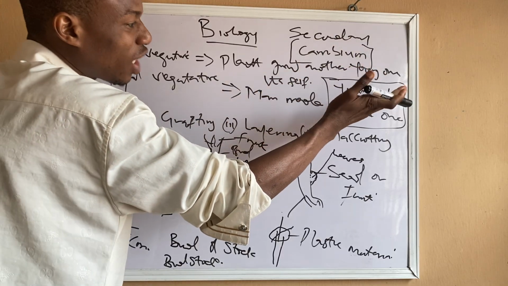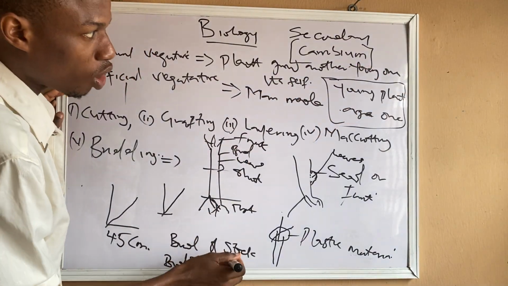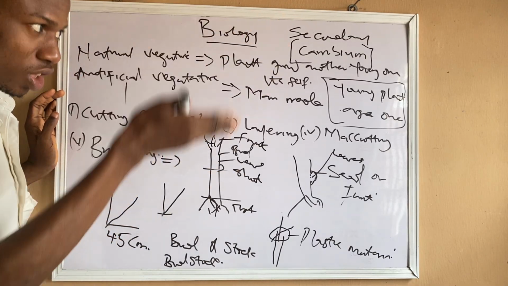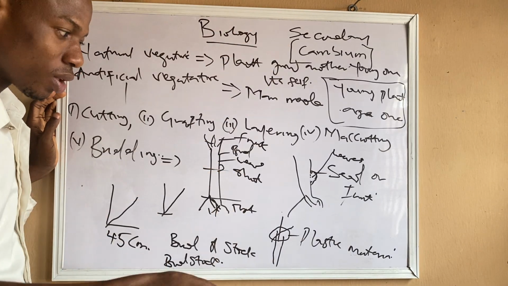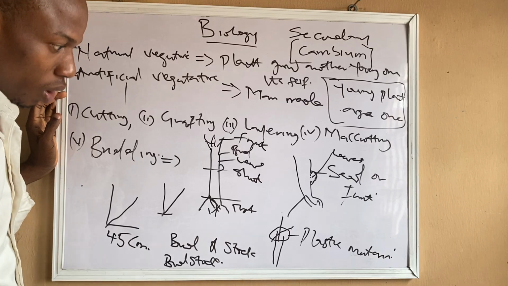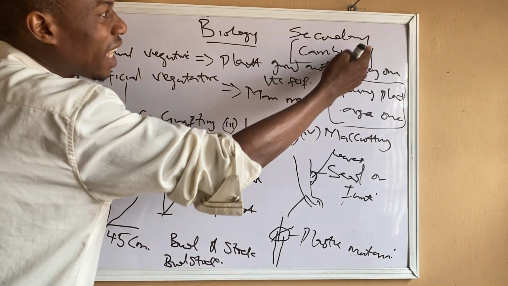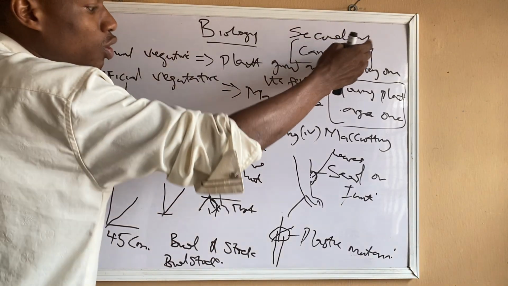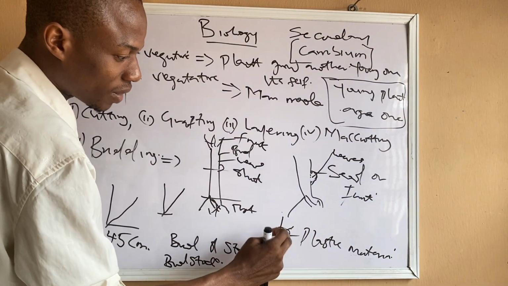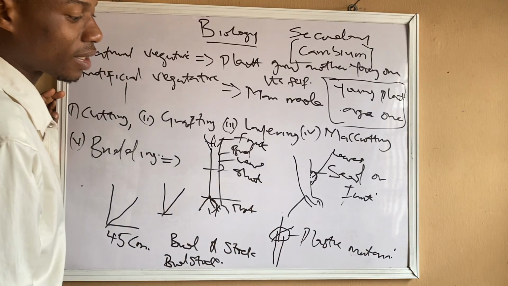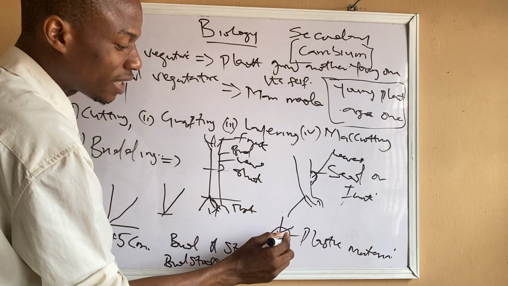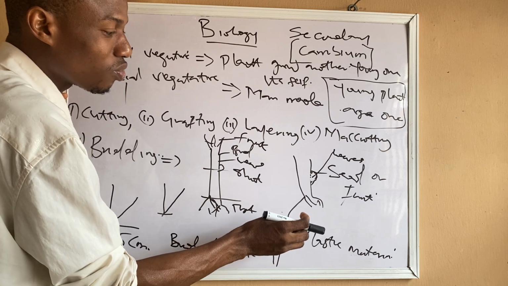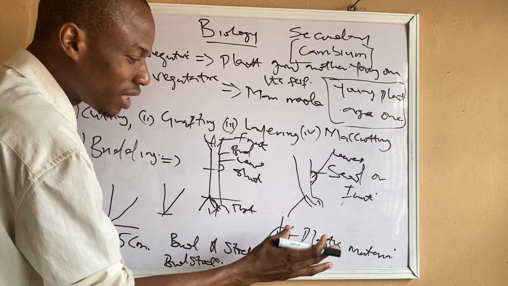Now we attach it to a stalk. A stalk is a plant whose head, the shoot, has been cut, but the root is still in the soil. You attach that bud to the stalk to become the bud stalk, and then you wrap it with plastic material. To know that it germinates, that bud after a few days will turn green.